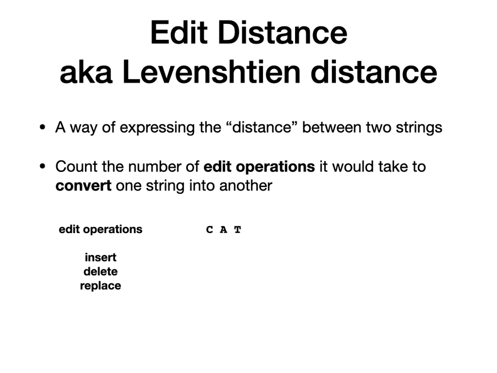Let's look at some of this. Cat. So if I wanted to convert cat to car, that's an edit distance of 1. We did one replacement operation.